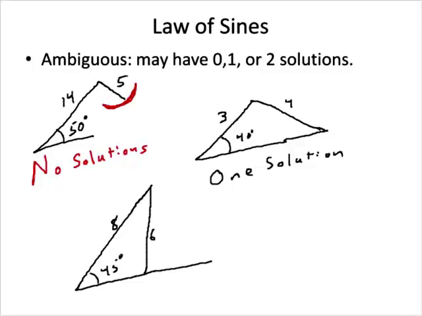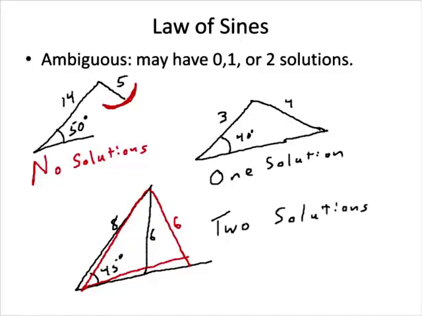It comes down and hits the third side at one place, but it might also hit the third side at a second place. So I'll actually have 2 triangles, the small one and the larger one. And this is an example of a triangle that when you solve it will have 2 solutions.